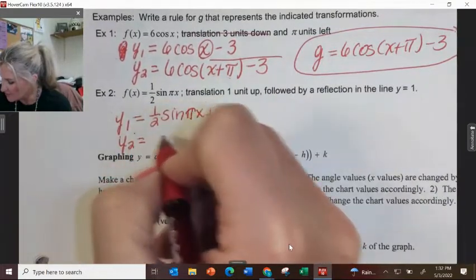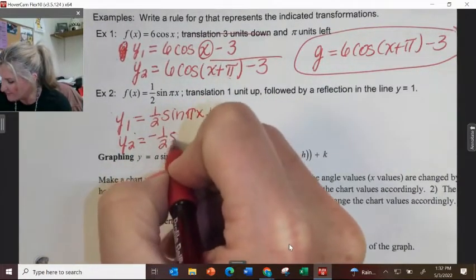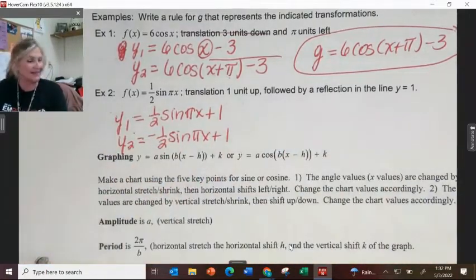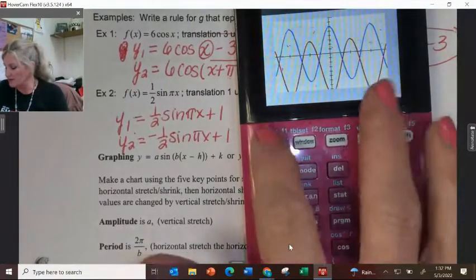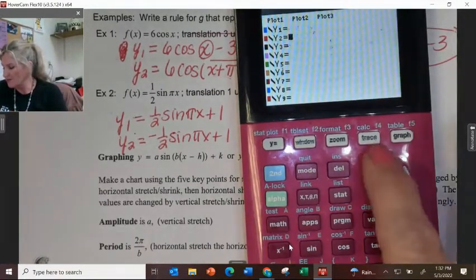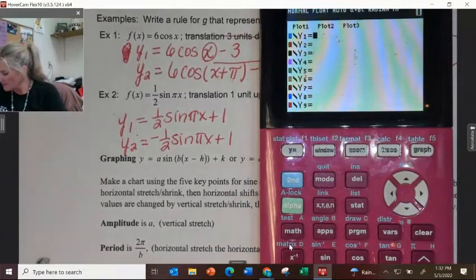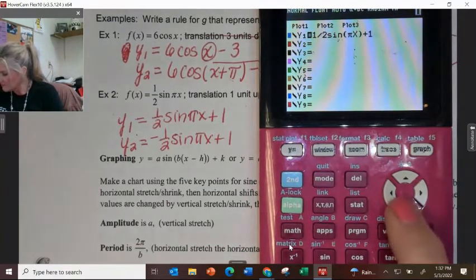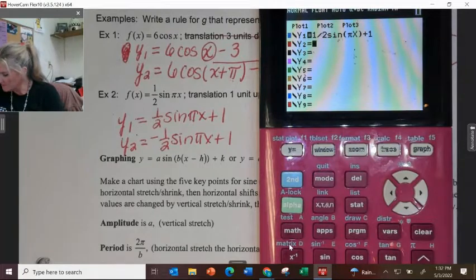Here's what's going to work. Either we just put a negative out here in front, or we should have multiplied the entire thing by -1. We're going to see if this works. We know it has to be one or the other. So let's put it in. Okay, so there's our original.